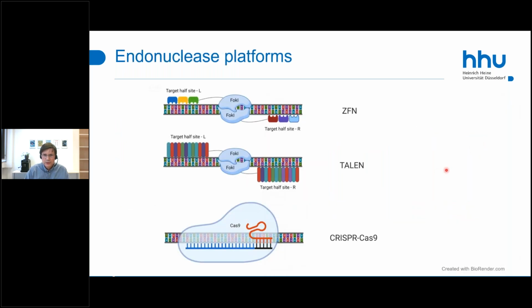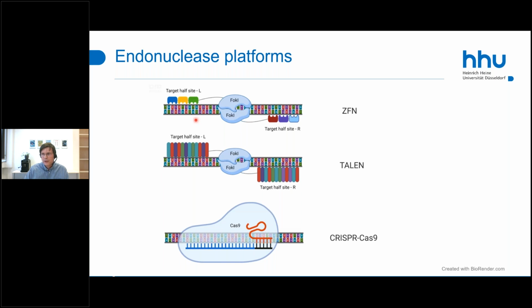Over the last two decades, several platforms have been developed, which are listed here on this slide. On top, you see zinc finger nucleases and transcription activator-like effector nucleases, TALENs. Zinc finger nucleases and TALENs are protein-based endonuclease platforms.